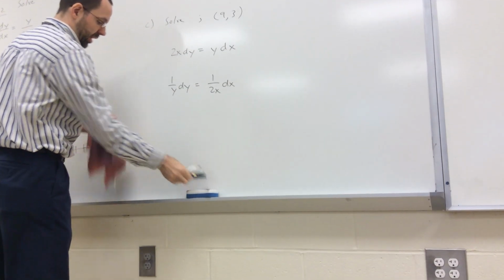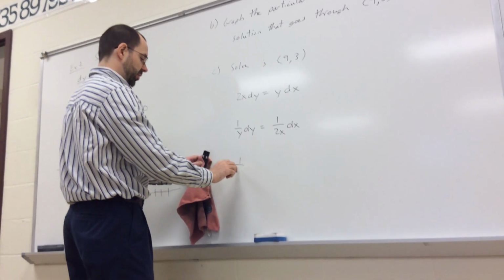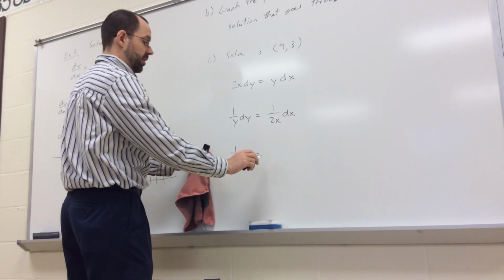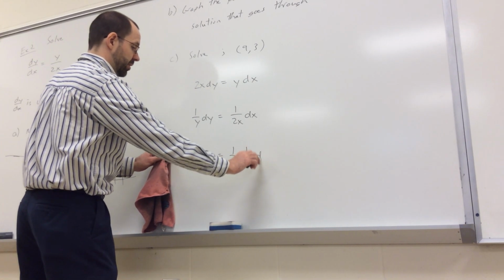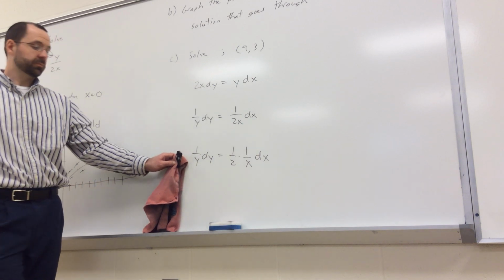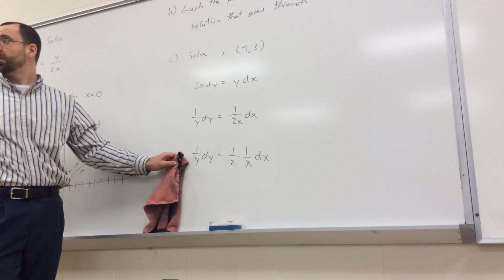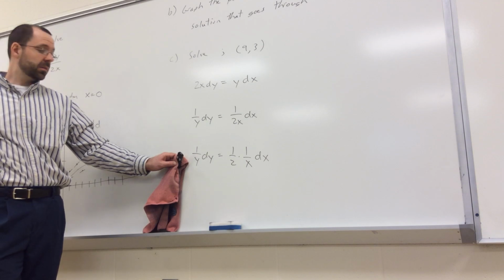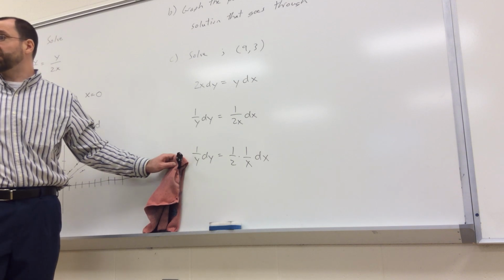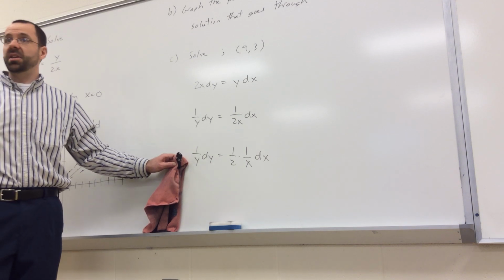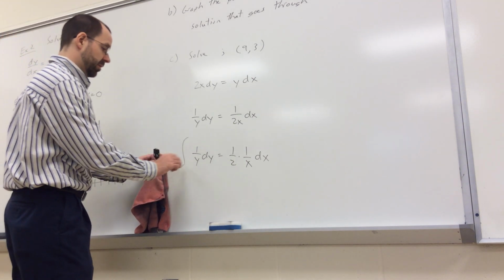And before I go further and take the antiderivative, I'm going to rewrite this again as 1 over y dy equals 1/2 times 1 over x dx. Okay, so now I've got the variables separated. All the y's on the left, all the x's on the right. So now I can take the antiderivative of both sides.